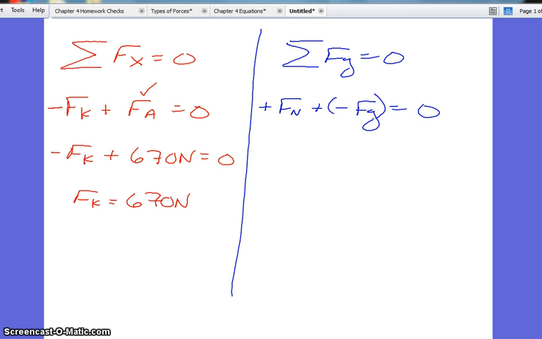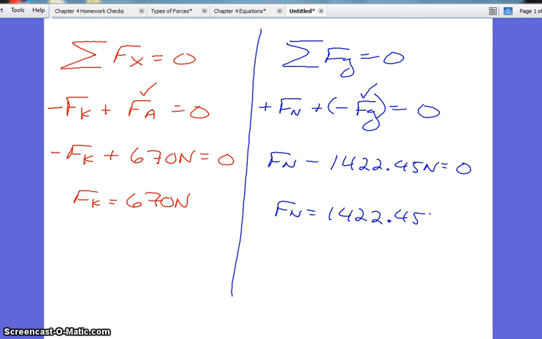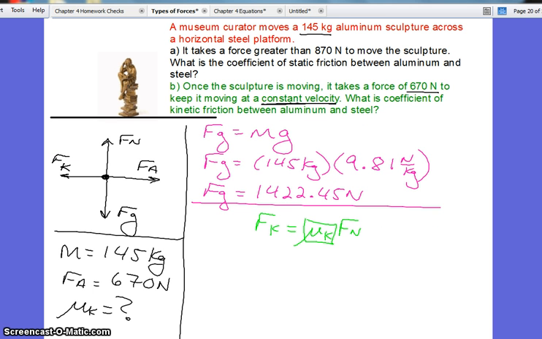Now we know the gravitational force, so we can use this equation to get the normal force. And we have that the normal force is also 1422.45. So now we know both the kinetic friction and the normal force, which was necessary to solve for our coefficient of kinetic friction.